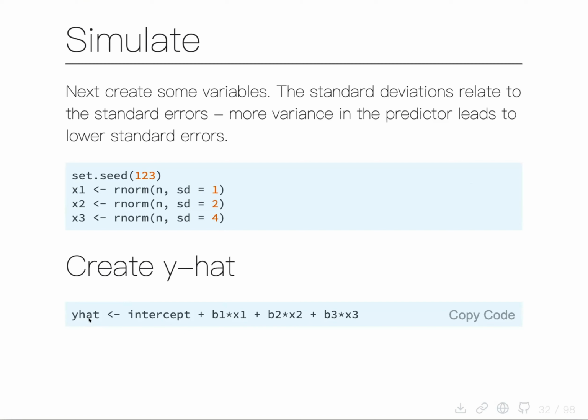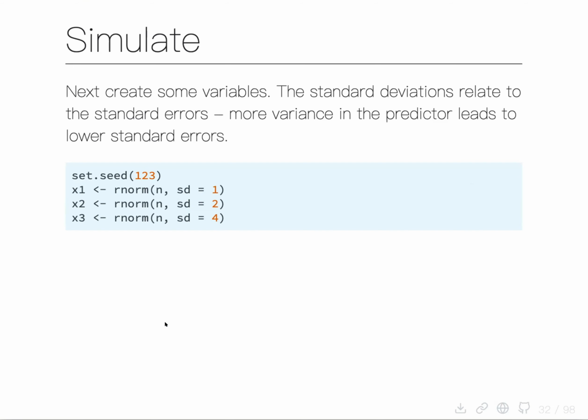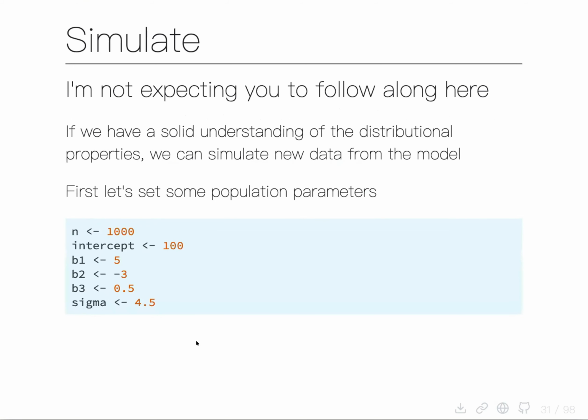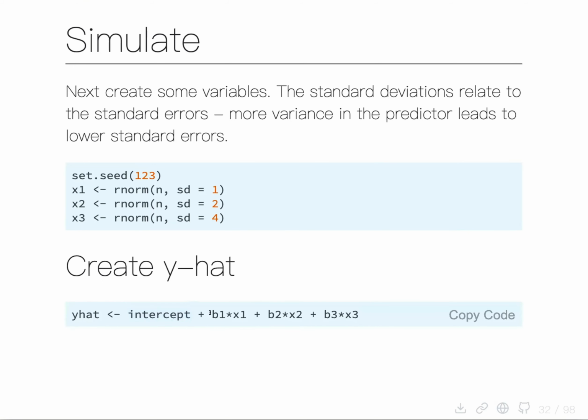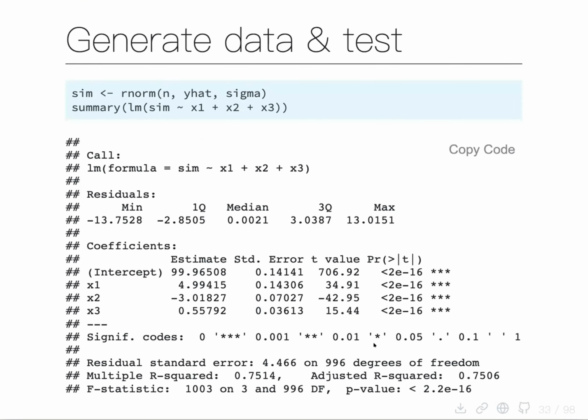Okay, now we're going to create y hat. So y hat looks like this, where we're going to say our intercept, which was 100, right? Plus b1 times x1 plus b2 times x2 plus b3 times x3, right? So that's just the mean structure that I had before, but I'm doing it now with my made up data.